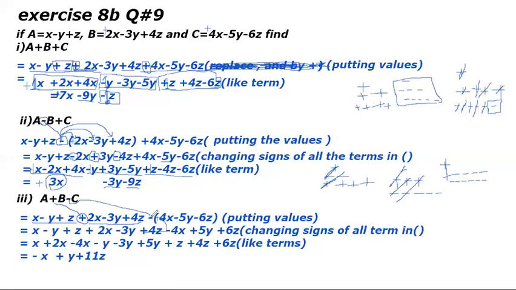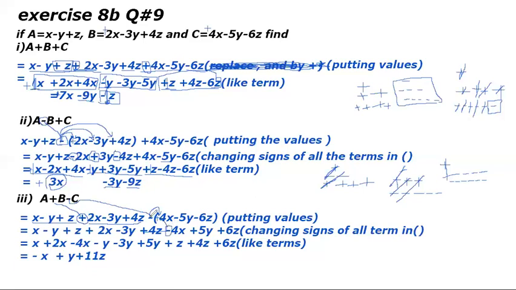Some of my students will ask how. I will prove it by telling them that this parenthesis means multiplication. This negative sign is multiplying with this positive 4x. Negative into positive gives us a negative sign.